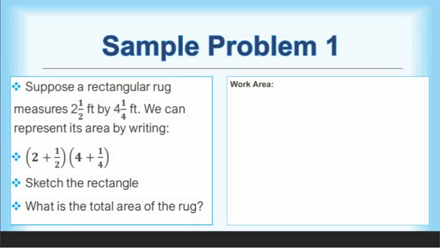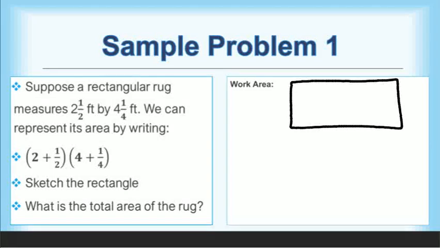If we were to just sketch it first, we would draw a rectangle, and then we'll have this piece here and this piece here. And we'll just label. So the top part, this one's 4, and this is 1/4. This would be 2, and this is a half.